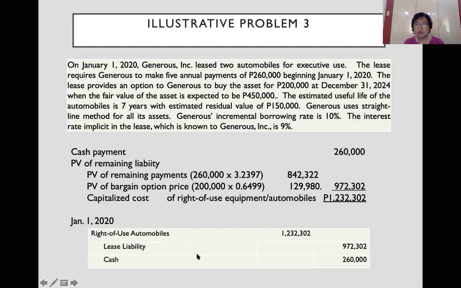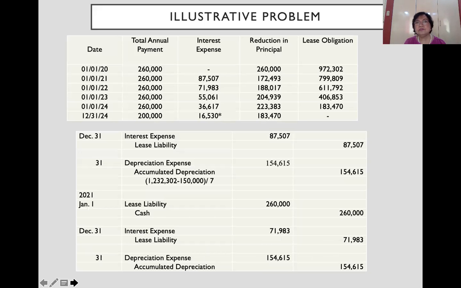So on January 1, 2020, our entry is to debit right of use automobiles, $1,232,302, credit lease liability, $972,302, and credit cash for the immediate payment of $260,000. Therefore, your amortization table is similar to our amortization table in illustration 1.